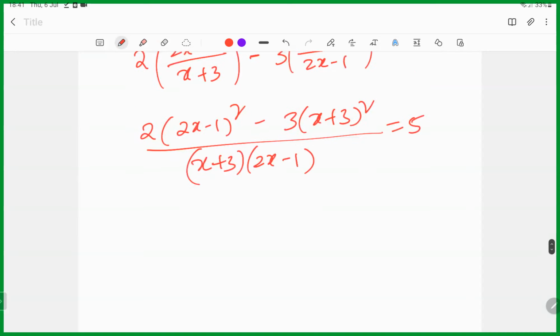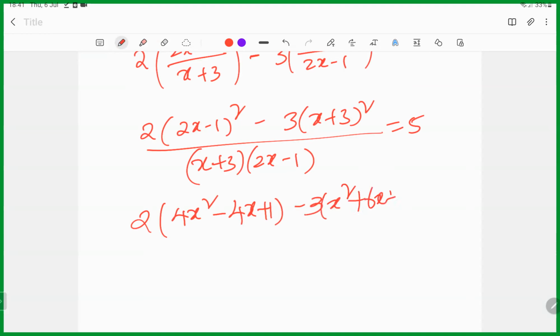So 2 into 2x minus 1 whole square is 4x square minus 4x plus 1, minus 3 into x square plus 6x plus 9, equal to 5 into x square 2x square plus... how much? 6x minus x, 5x minus 3. Is that right?